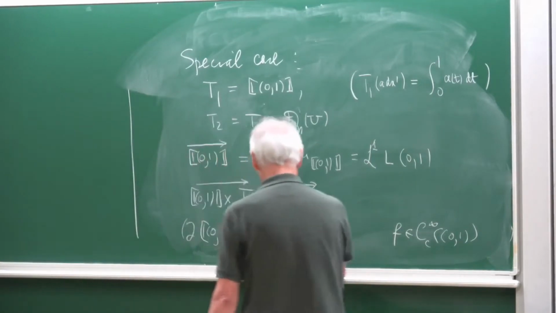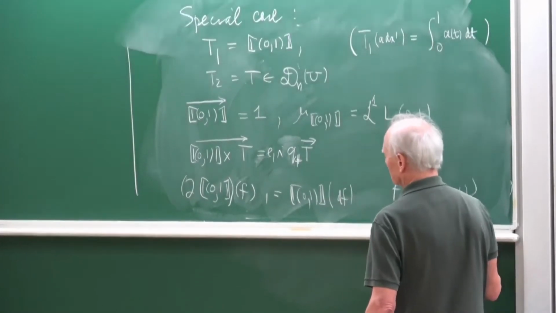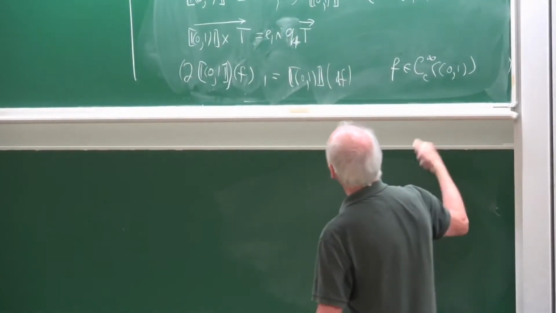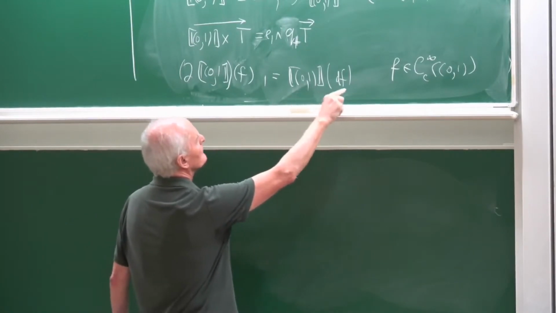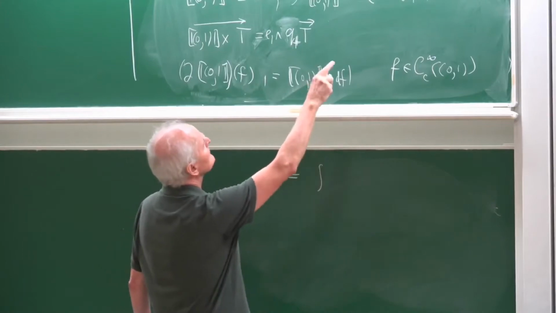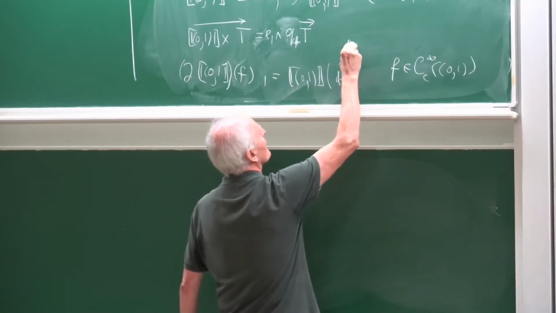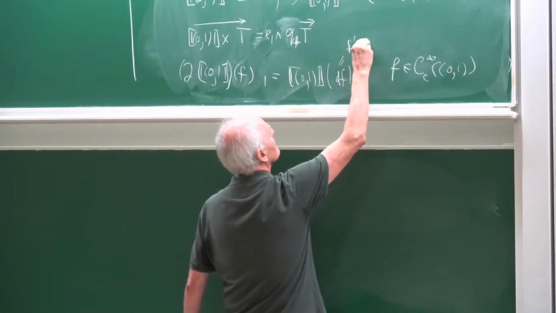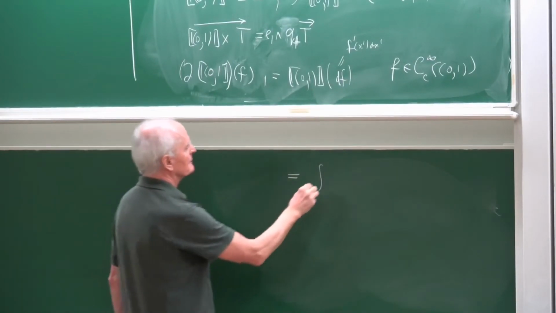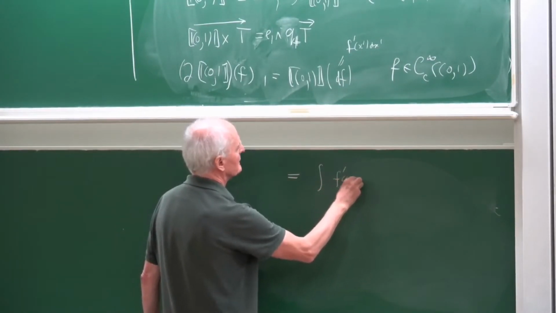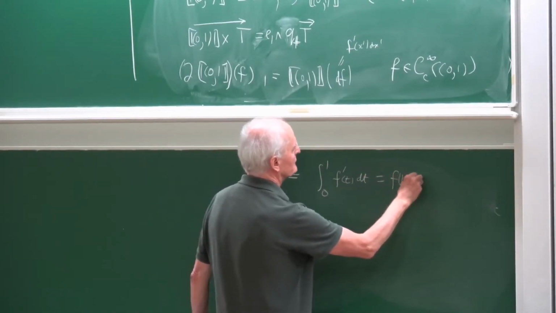Well, by definition of boundary, that's the current 0, 1 hitting df, which is the integral. Remember, this is just the integral. So this is f prime of x1 dx1, a function on the real line. So this is just the integral of f prime t dt from 0 to 1, which is f1 minus f0.